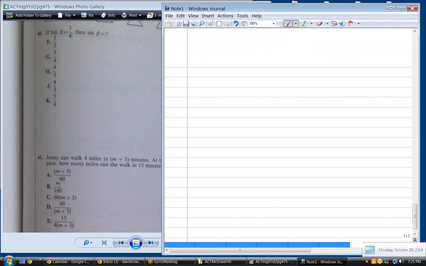So if the tan of b is 3/4, then the sine of b is... Okay, awesome.